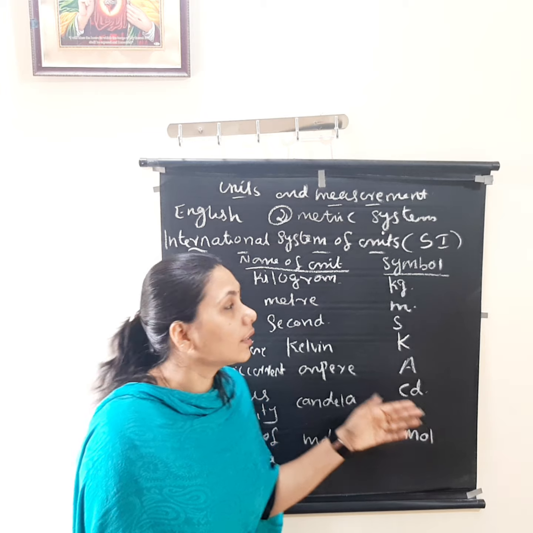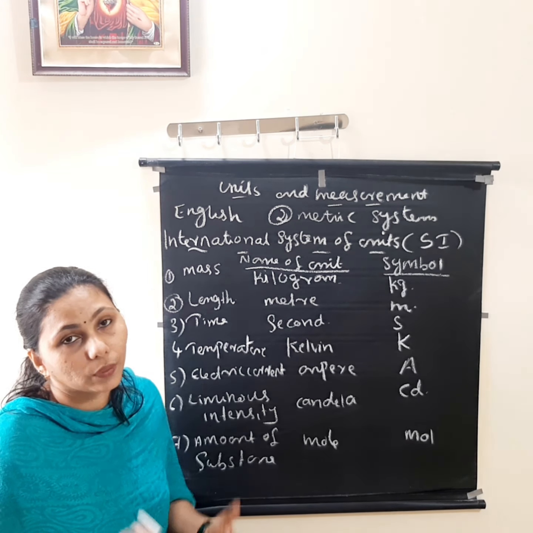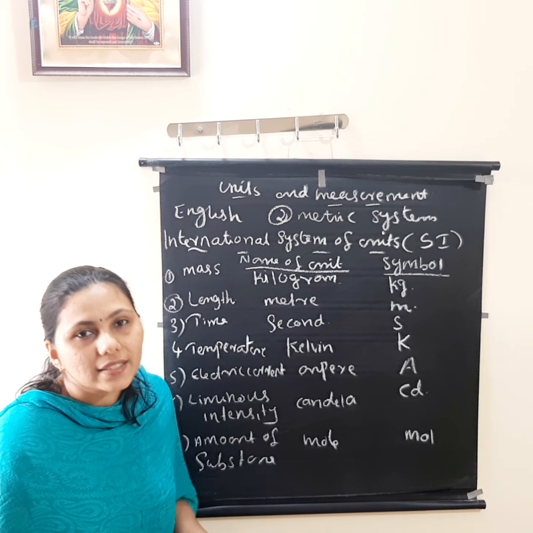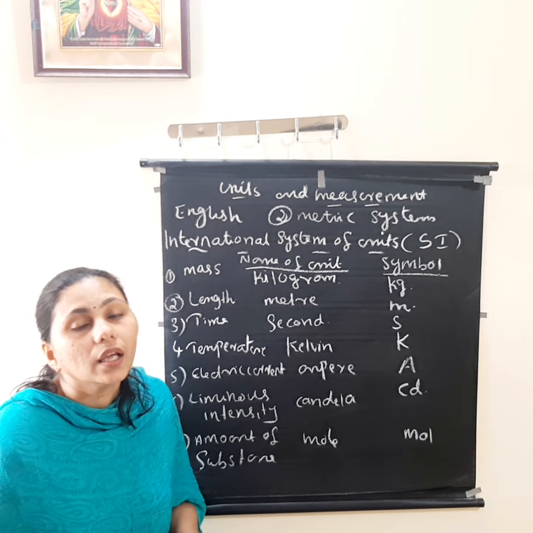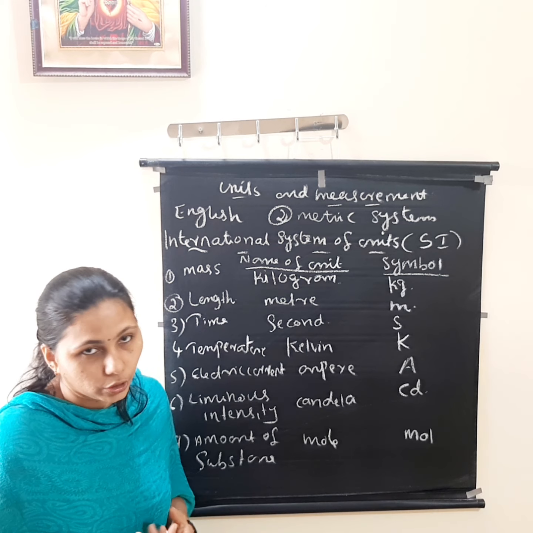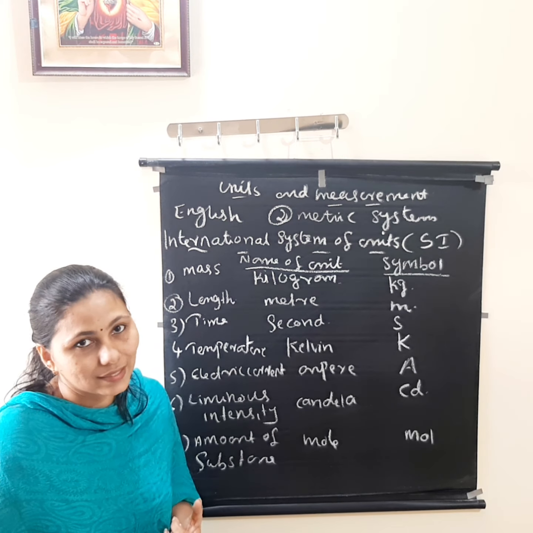So in the olden time 2 systems of units were used, which ones? The English system and the metric system. Later, around the 1960s, a common unit of measurement was introduced, which was the International System of Units, or SI system.